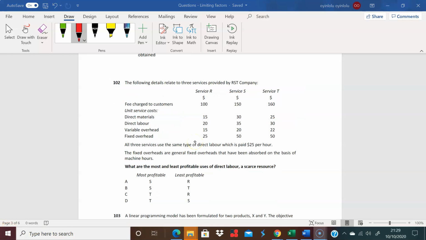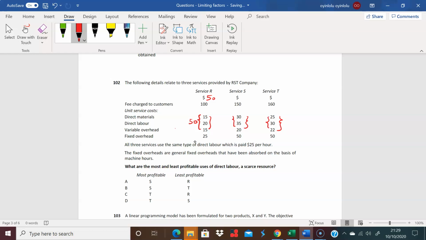Okay, and question 102. Let's get the variable costs out first so we can get contribution. Right, so we have here 30 and 20, that's 50, which means the contribution here is 50.